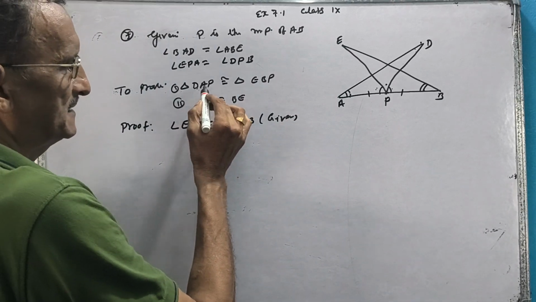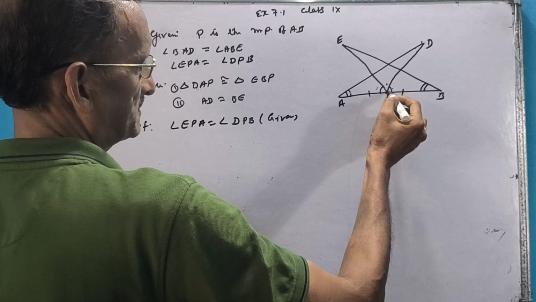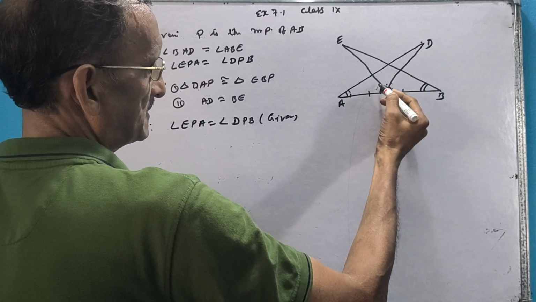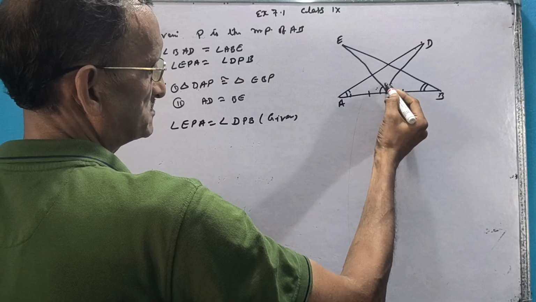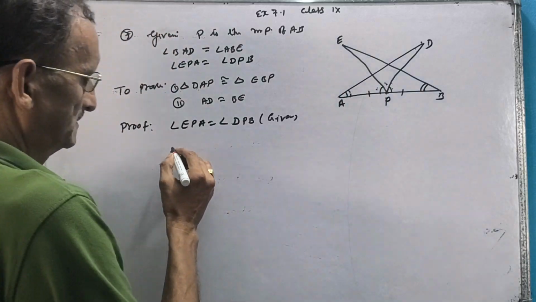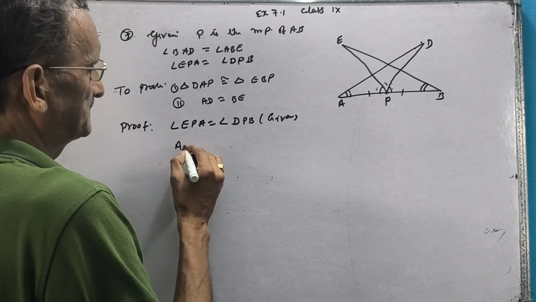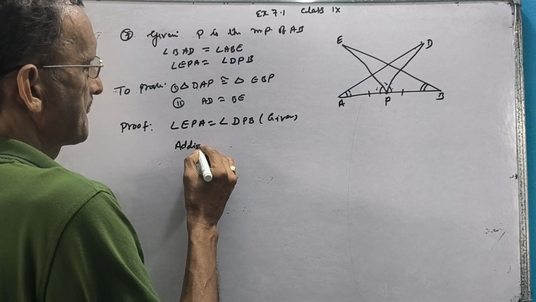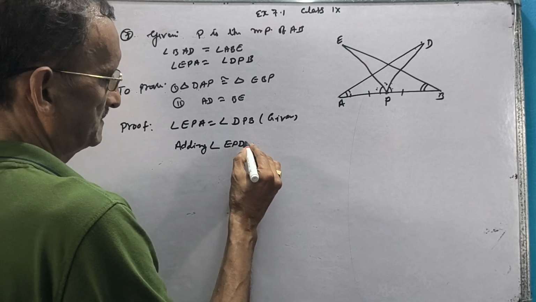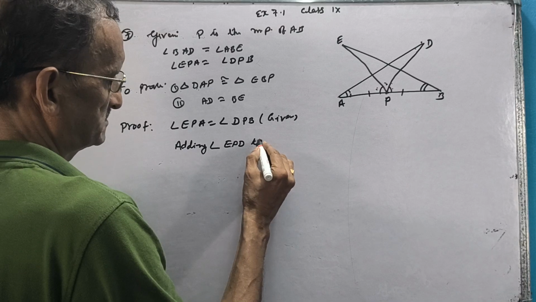Now our target is triangle DAP, and for triangle DAP we require angle APD. So how will we get angle APD? When we add this to this angle, what is the name of this angle? EPD. So we will write: adding angle EPD to both sides.